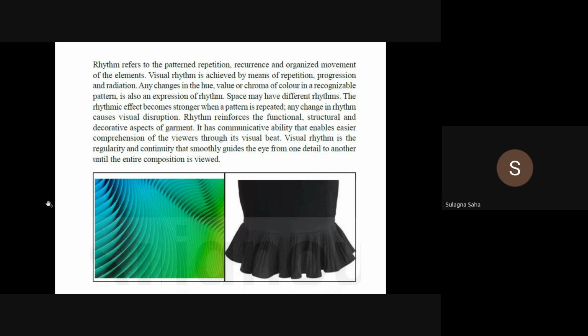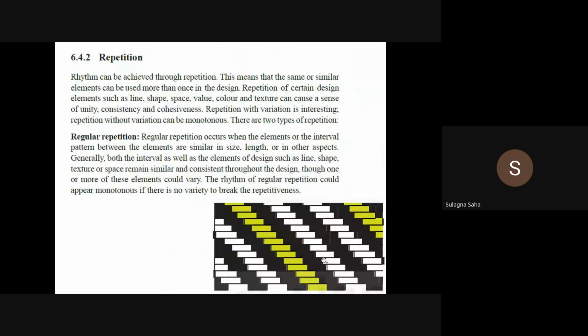If you look at these images, the rhythm in this wallpaper pattern is created by wavy lines in a two-dimensional composition. If you look at this one, a rhythm is forming as a design feature in a skirt. So we have straight lines that are essentially pleats, and it is achieved through repetition, gradation, and radiation.